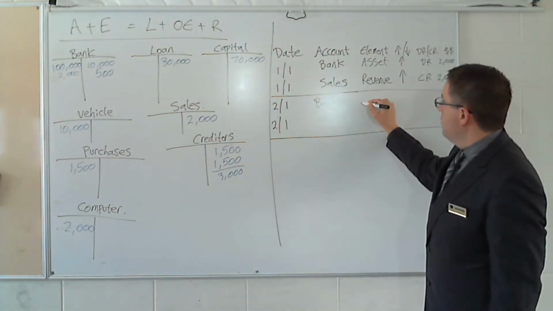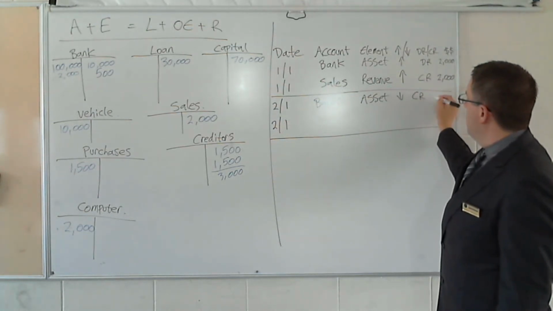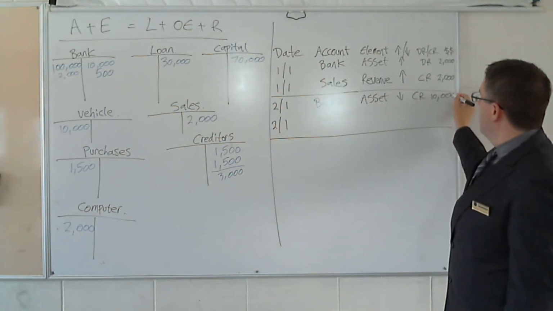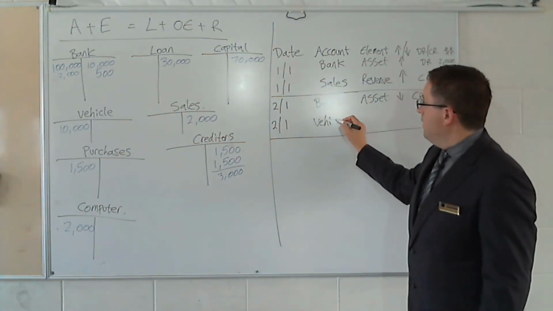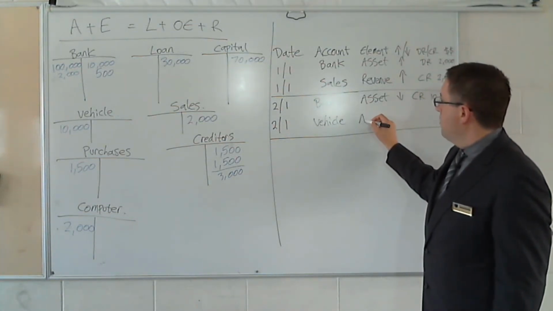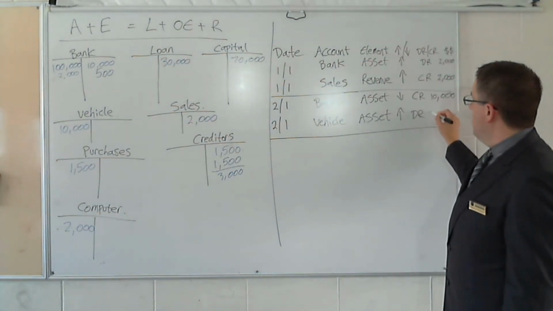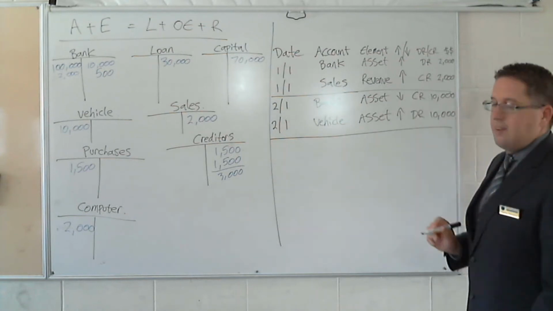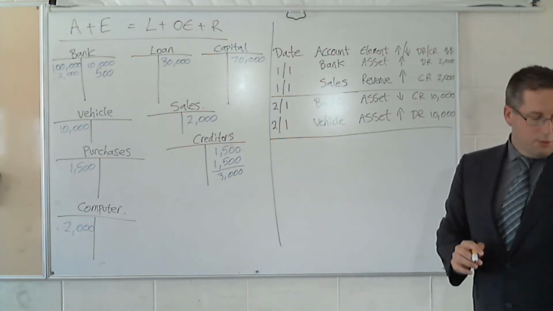Bank account is affected, it's an asset, the balance is going down, so that's a credit, and it's going down by $10,000. Our vehicle account has gone up, it's an asset, so that makes a debit, $10,000. So bank and vehicle are the 2 accounts involved.